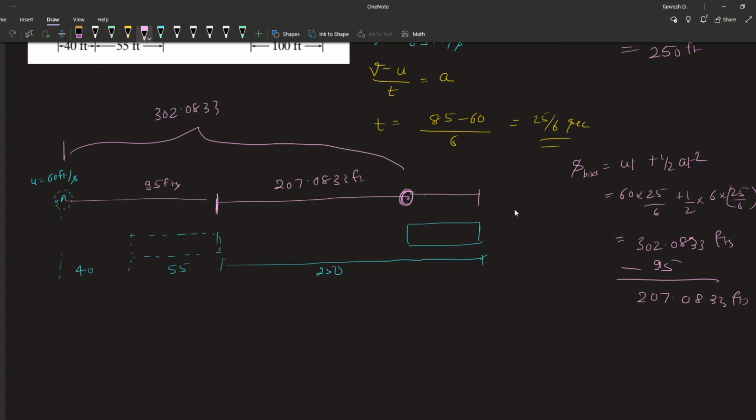First of all, this much distance will be 250 plus 95, minus 302.0833, which will give you this distance. So it is how much? 42.9167.